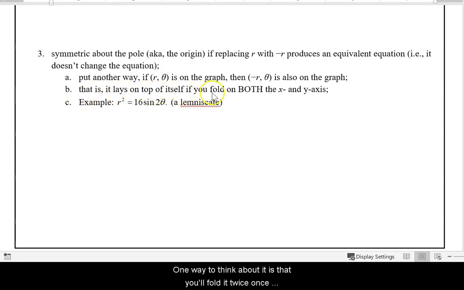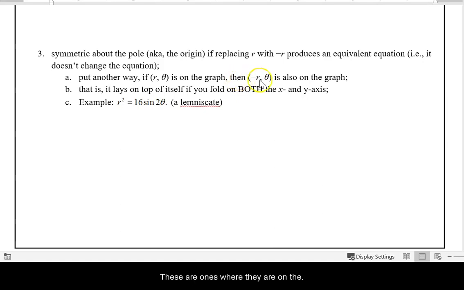One way to think about it is that you'll fold it twice, once on the x-axis and once on the y-axis, or once along the polar axis and once along the line of theta equal pi over 2 or 3 pi over 2. In other words, if (r, theta) is on the graph, then (negative r, theta) is also on the graph.